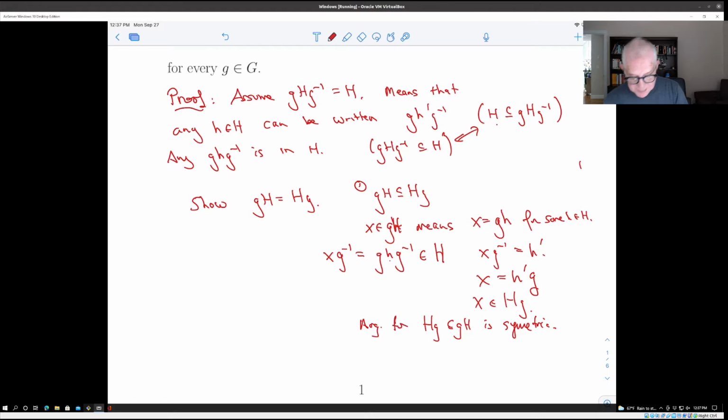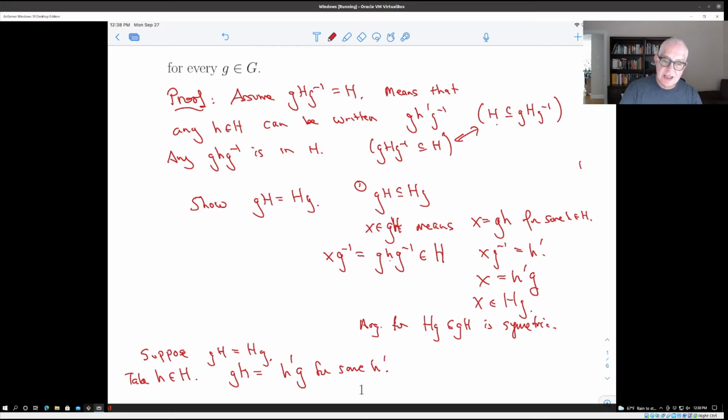On the other hand, suppose gH equals Hg. If I take h in H, then I know that gh can be written as h'g for some h', because the set gH is the same as the set Hg.